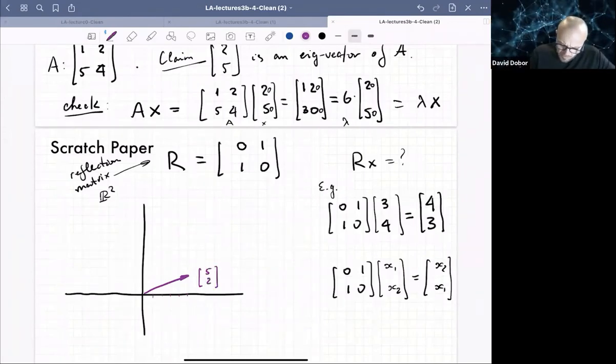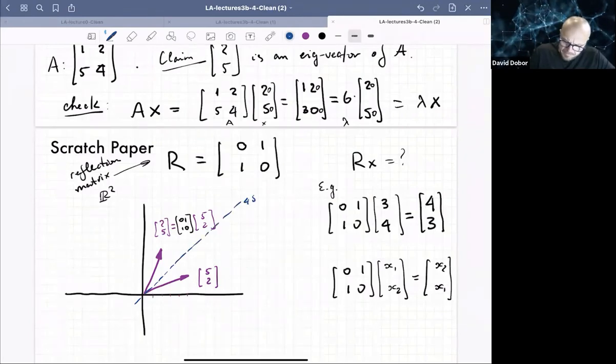This vector is 2, 5, which is equal to A times 5, 2. Let me just draw it here. So that's the result. Do you see what it means to change the coordinates of a vector? It means to just reflect it across the 45-degree line. So here's a 45-degree line.